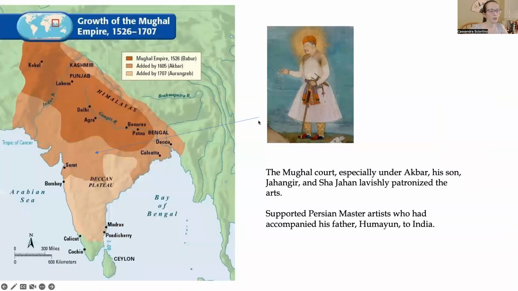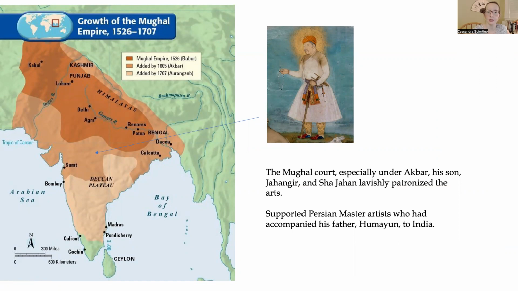There we are. The figure that is very important in our lecture today is Akbar. Akbar is the grandson of Babur, who founded the Mughal Empire. And Akbar was a man who loved the arts, he loved culture, he patronized them with great energy and conviction in their importance and in their quality.